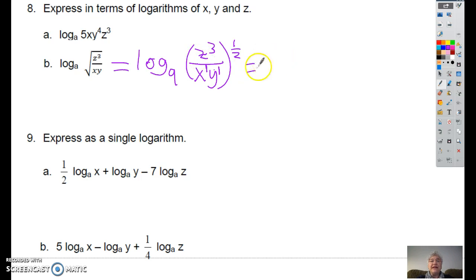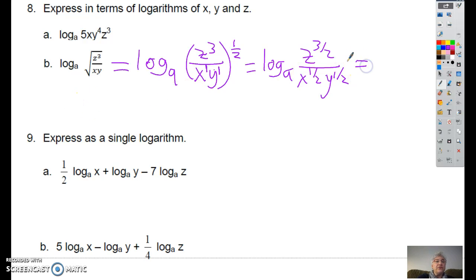So power to a power means multiply the exponents, log base a of z to the 3/2 over x to the 1/2 power and y to the 1/2 power as an expansion.